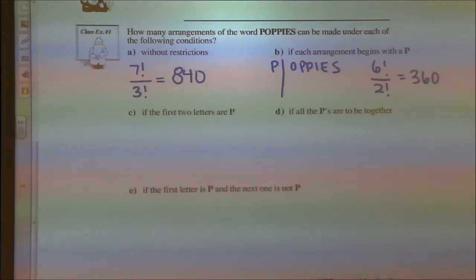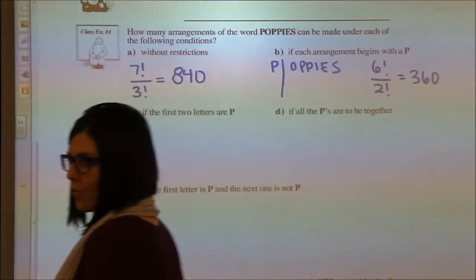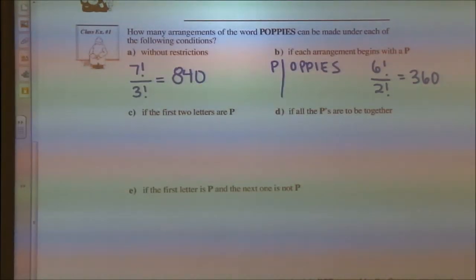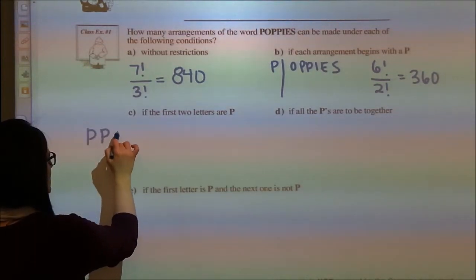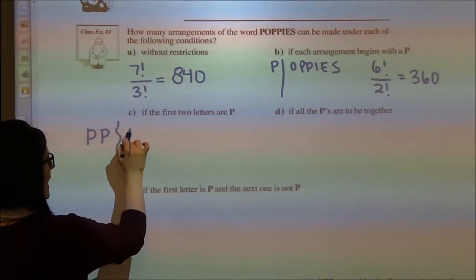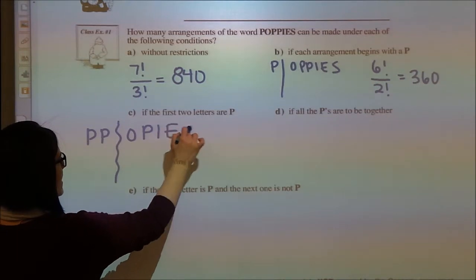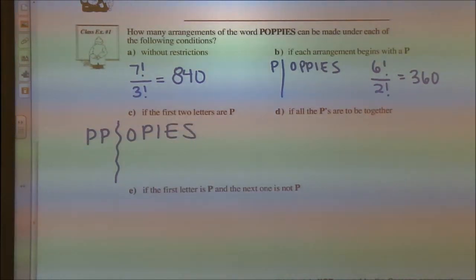360. What if I make the first 2 letters both P's? So I take two of the P's out, and now I have O-P-I-E-S. So if I take these 2 out, I don't worry about them anymore. They're gone, or I think of them as just being ones.